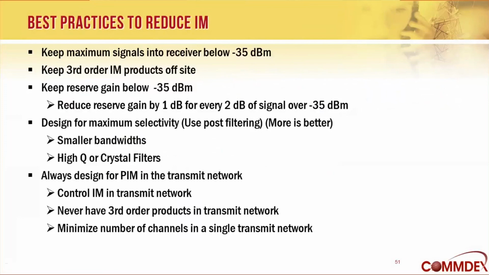Some of these we already talked about. Keep receive signals below minus 35. Try to avoid any third order intermod products. Those are the ones that will be your biggest problem, because being third order, they will have signals happening. The receive gain, that's talking about the receive multicouplers. So don't run your receiver multicouplers too hot.